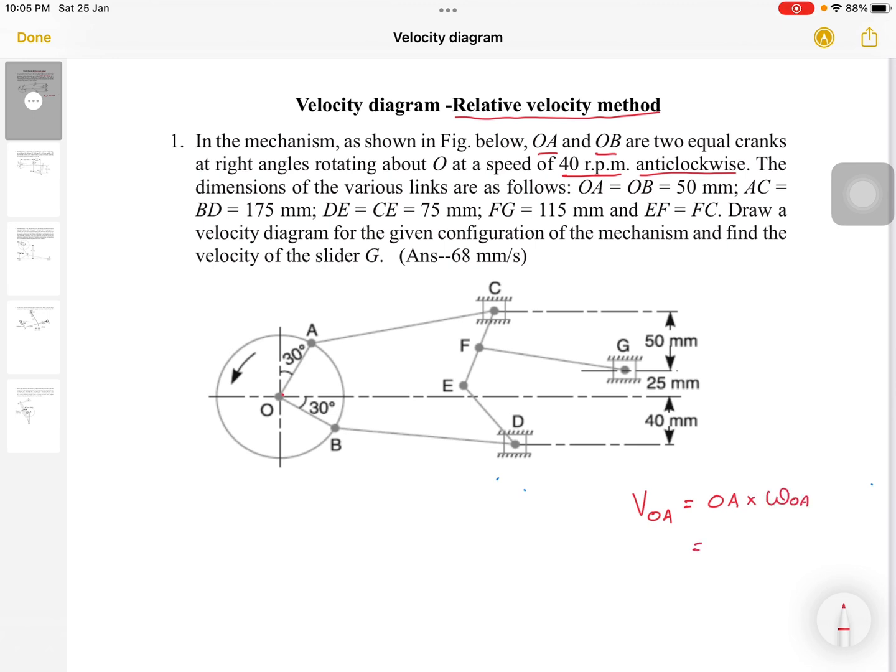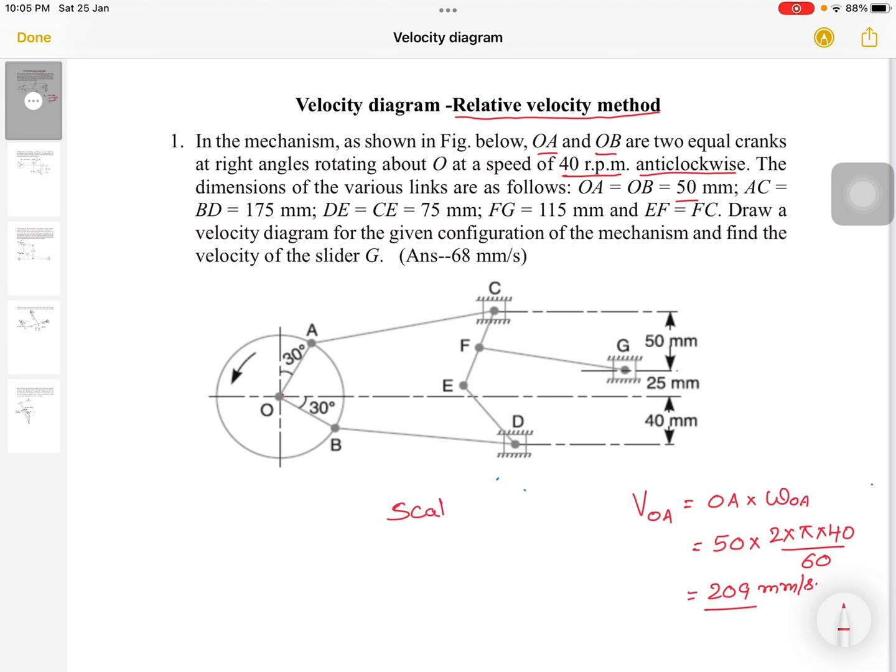The length OA is equal to 50 mm, and omega is 2 pi N by 60, where N is equal to 40. It will come to approximately 209 mm per second. When you draw this velocity on a drawing sheet, you have to consider the scale.